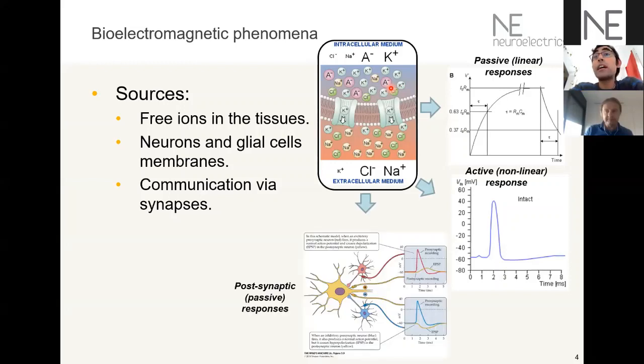And of course, when the action potentials reach the end of an axon, they will elicit the release of neurotransmitters that will then influence the membrane potential of another cell, and those changes in the membrane potential of the postsynaptic cell are called postsynaptic potentials, which are also a form of passive responses.